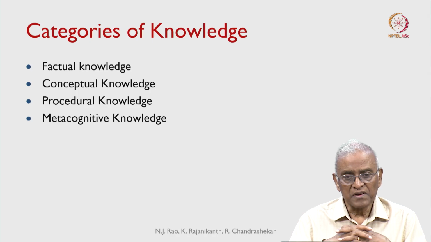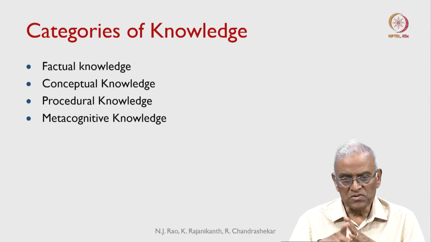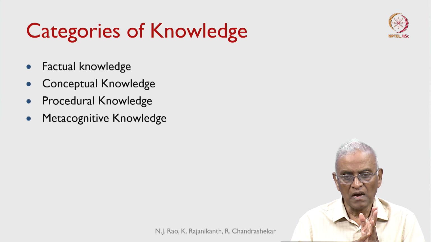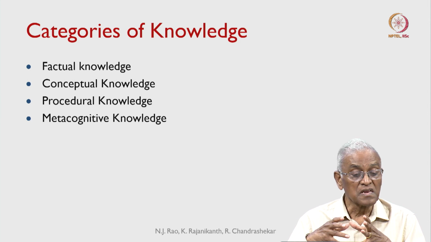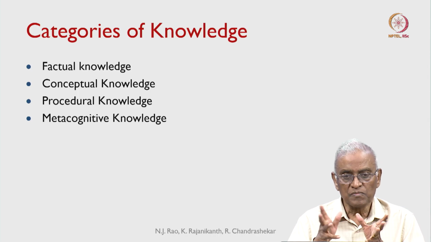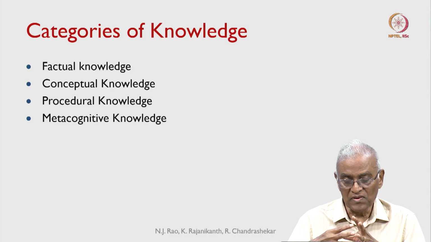We kind of try to recall, as we said, the revised Bloom's taxonomy, which is two-dimensional. One dimension is cognitive processes, the other dimension is knowledge categories. And the knowledge categories in the revised Bloom's taxonomy are factual knowledge, conceptual knowledge, procedural knowledge and metacognitive knowledge.